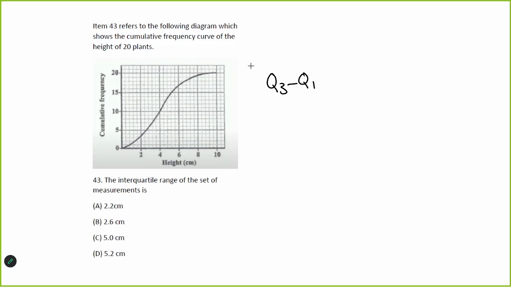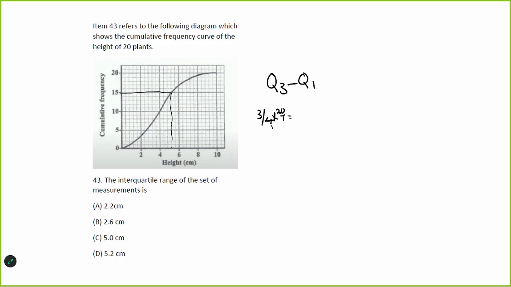Right, so for Q3 the position is 3/4 multiplied by the total, which would be 15. So you go to 15 here, and you go right down here. Each one from here is 2, right?